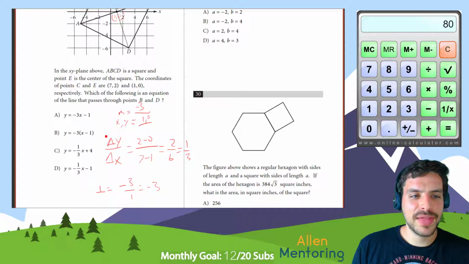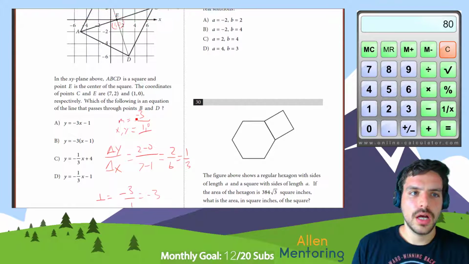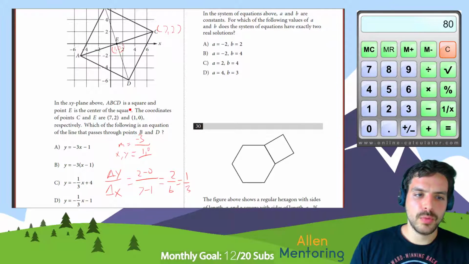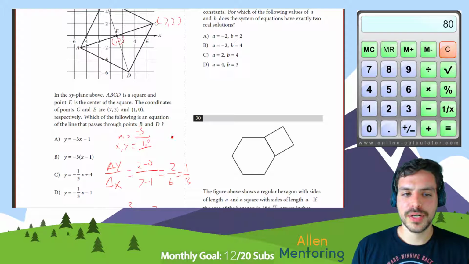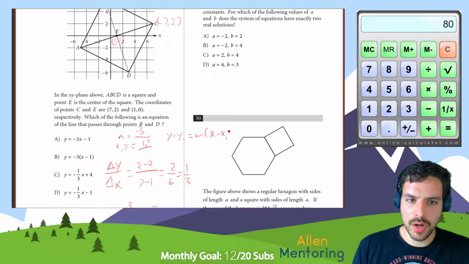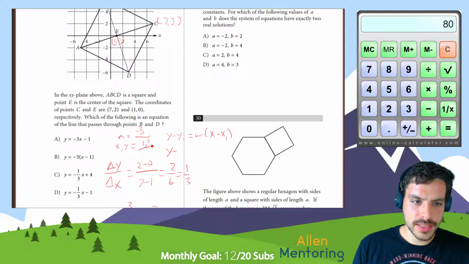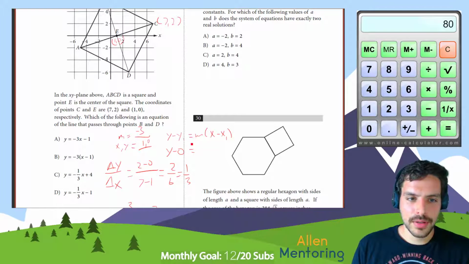So how do we put that into y equals mx plus b form? You could do it a few different ways, but maybe the best way is using point-slope first. Point-slope is y minus y1 equals m times x minus x1. All we have to do is fill in x1, y1, and m. So y minus 0, because that's our y coordinate, equals m, which is negative 3, times x minus 1.